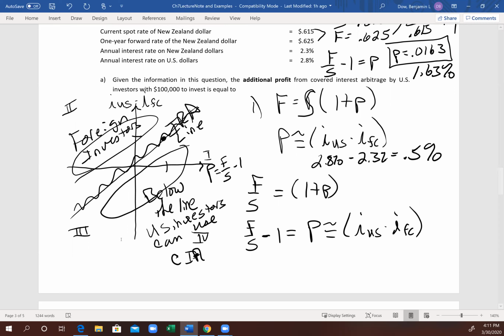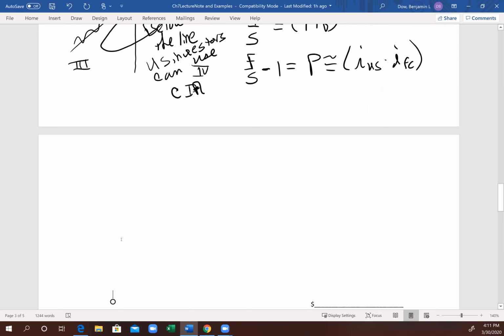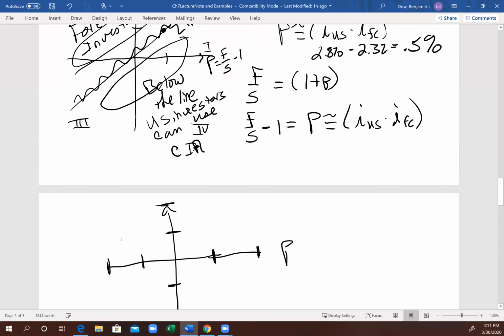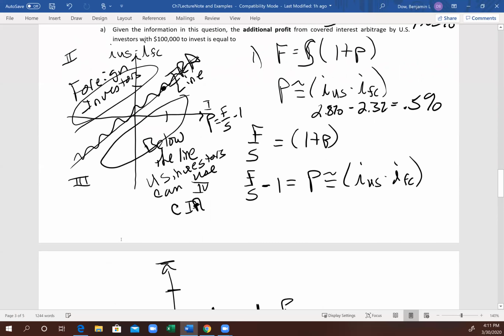I've, of course, printed it out, so I've got that advantage. But if we look, and we draw a new line, and I'll try to make it somewhat to scale. So if I look at the forward premium, and remember the forward premium was 1.63%.